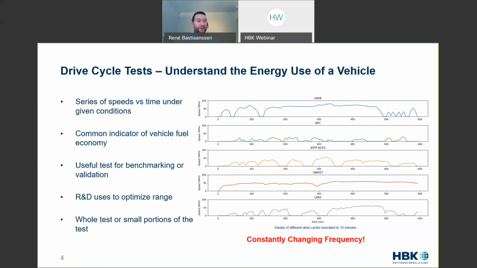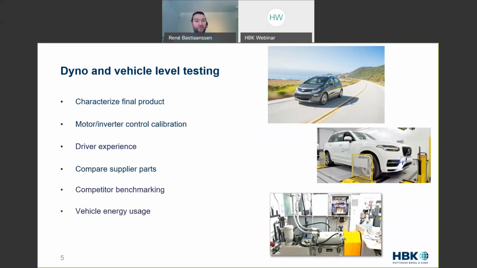So these tests are used to characterize our final product. That's one thing. It's also used to calibrate or to match our motor and inverter together, as we want those motors, inverters, drivetrains to be as efficient as possible in the specific drive cycle. Another topic in such testing is driver experience.